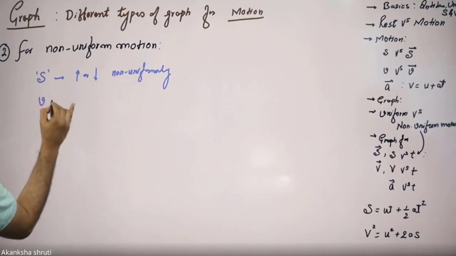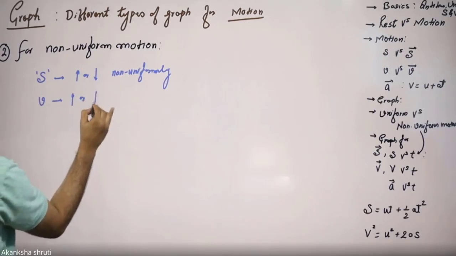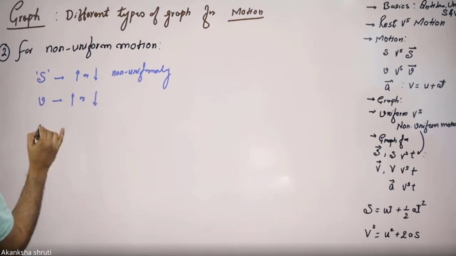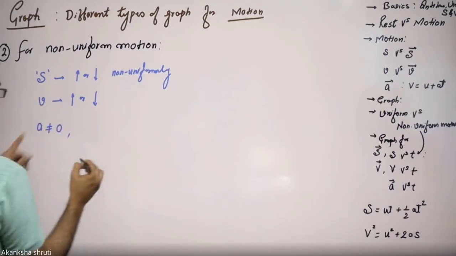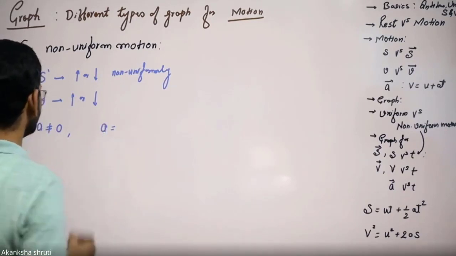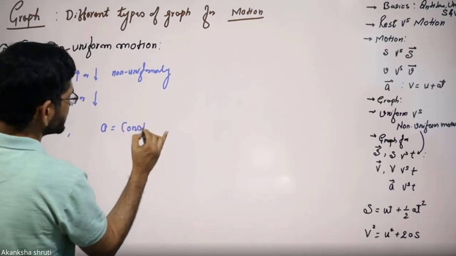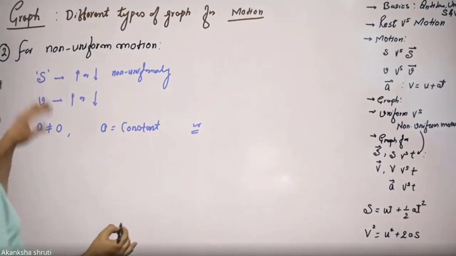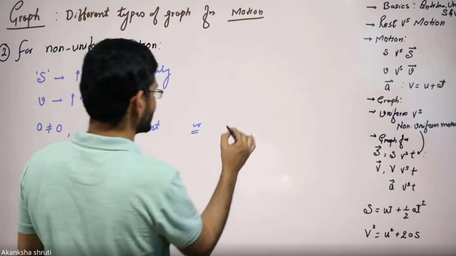Here speed may be increasing or decreasing. Because of this change in speed, there is acceleration. A is not zero. So while considering this change in speed, the acceleration obtained may be constant, or it may be possible that the change in speed is such that under different intervals we will get different acceleration.